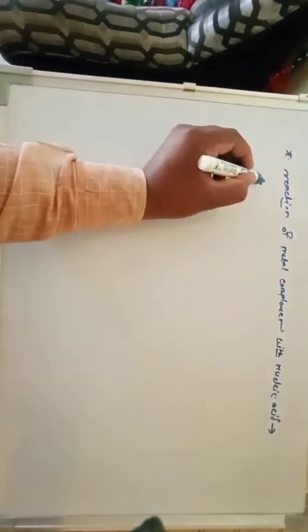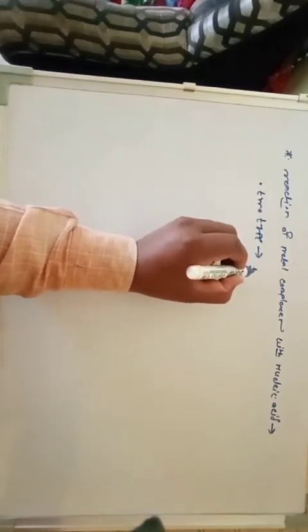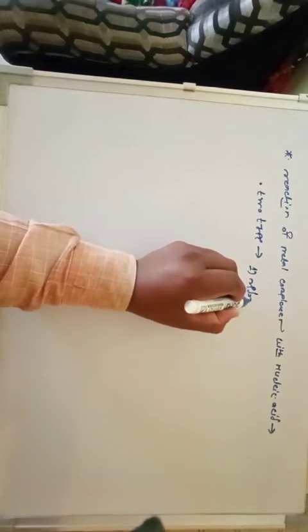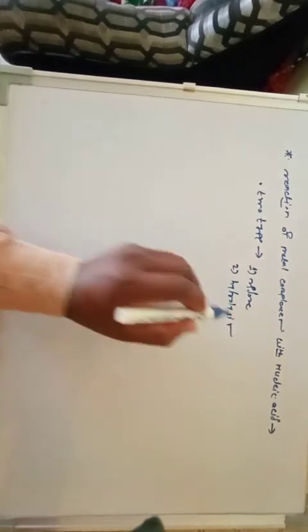Nucleic acid is a polymeric material, so it is considered a polynucleotide. The reactions fall into two categories: one is a redox reaction and the second is the hydrolysis reaction. So we are very much interested in the first reaction, that is, the redox reaction.